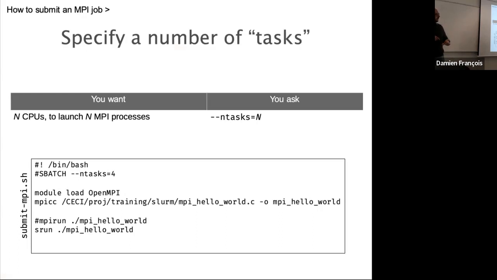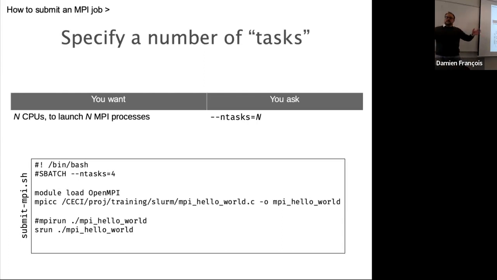And so if you want to launch n MPI processes on n CPUs on the cluster, you just specify --ntasks=n. If you know about MPI, you know that you typically run an MPI program with mpirun. Normally, if you are not in Slurm, you specify the number of processes that you want to create.